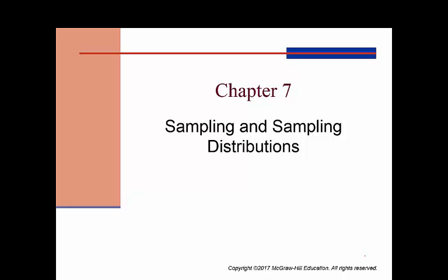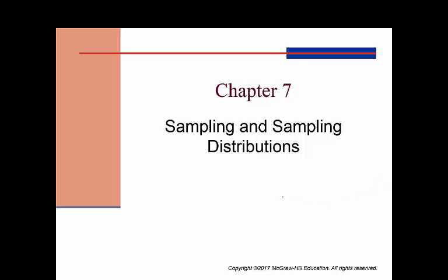Welcome back. Today we're going to talk about sampling distributions and how the normal distribution is used again to discuss means, not just individual data points but means of distributions, and what the central limit theorem says.